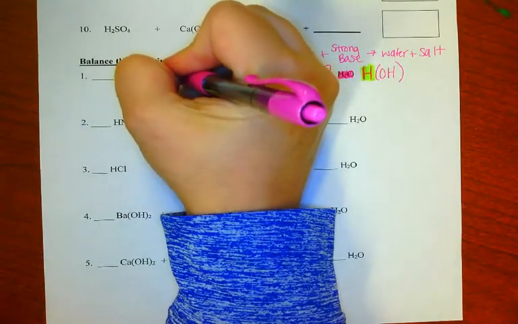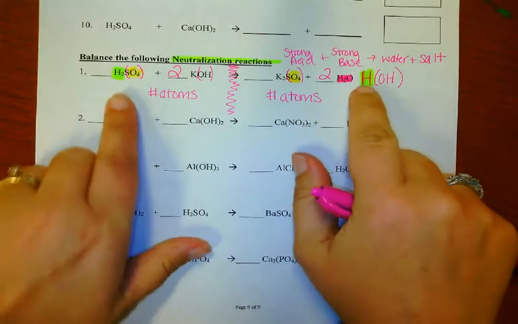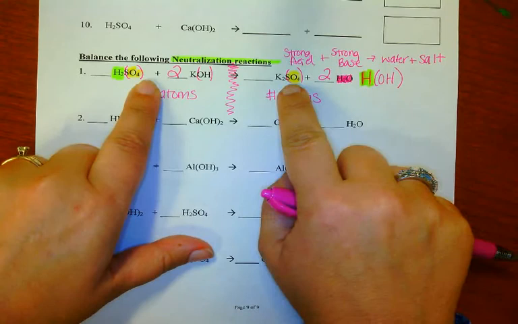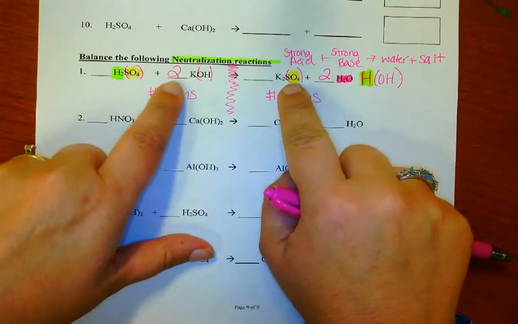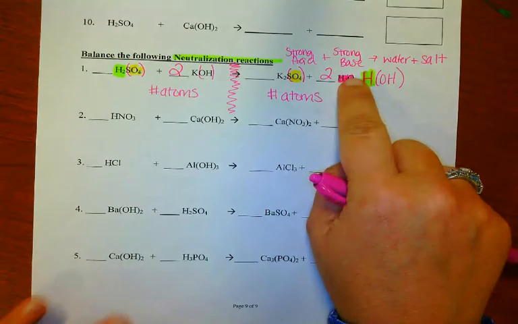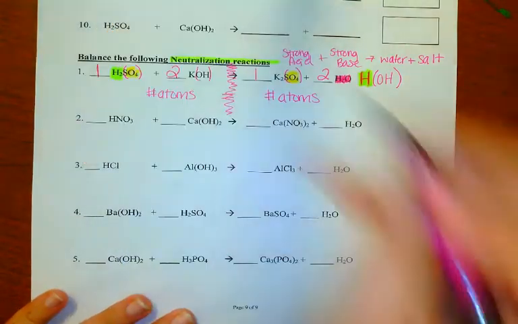So we should put a coefficient of 2 on this line so that there will be 2 Ks. So following along, there's 2 H's on both sides. There's 1 set of SO4s on each side. There's 2 Ks, and there's 2 OHs. So we would say that since all of them are equal to each other, that it is a balanced equation.